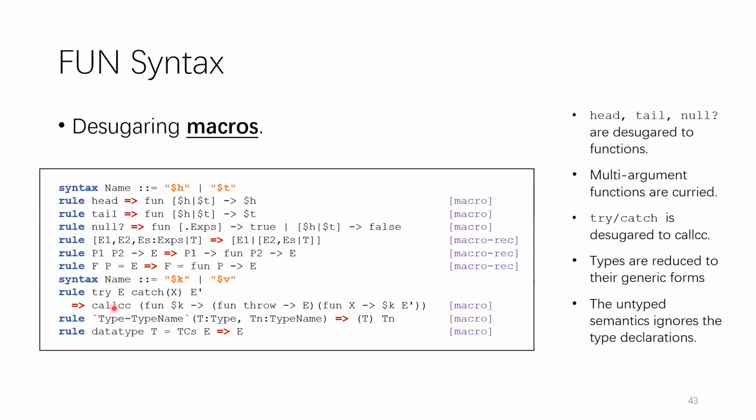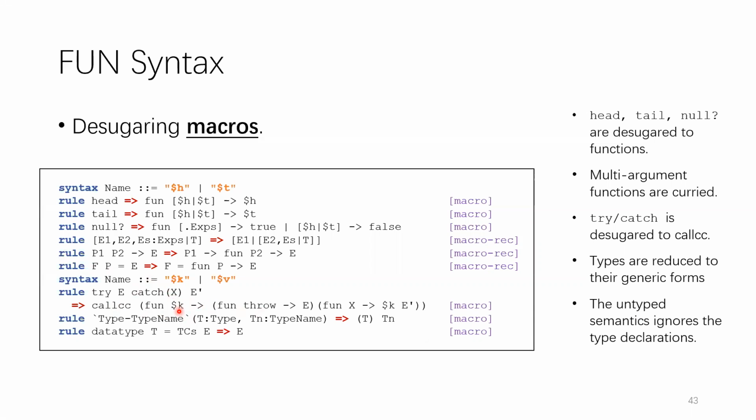By calling callcc, we'll remember the current continuation in which the try-catch is called, so we can get back to it in the future. And this current continuation will be passed to the parameter $k. So now $k has been instantiated to the current continuation.